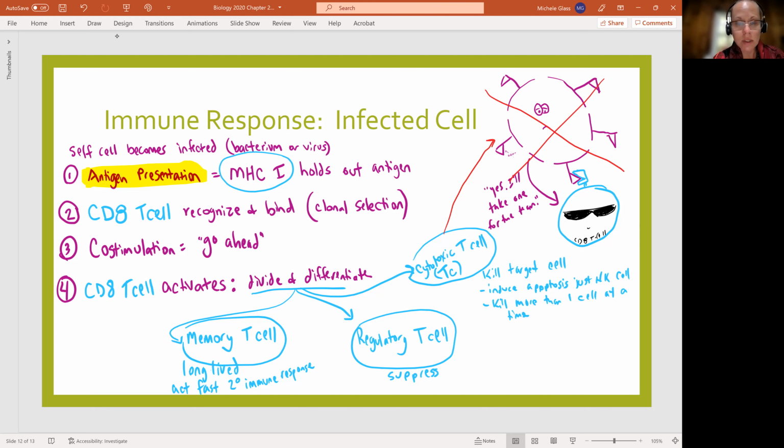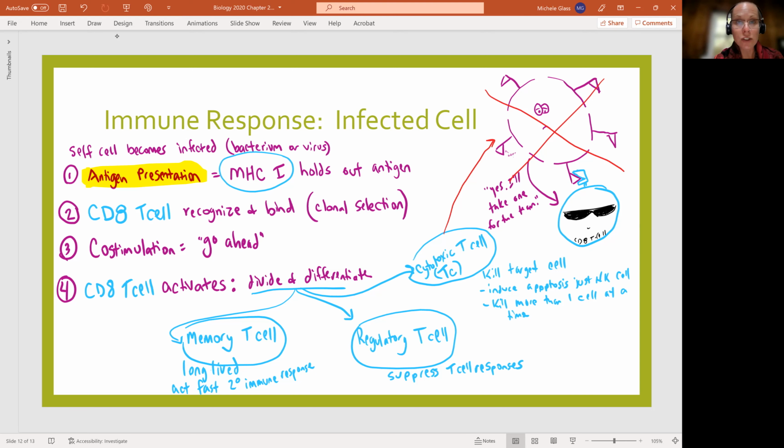It's going to suppress our T cell responses. Remember, this is a pattern we see in our body where we have these control mechanisms in place. So we have this ability to generate these cytotoxic T cells and destroy the cells of our body, but we want to add a level of control to that. That's the job of the regulatory T cell.